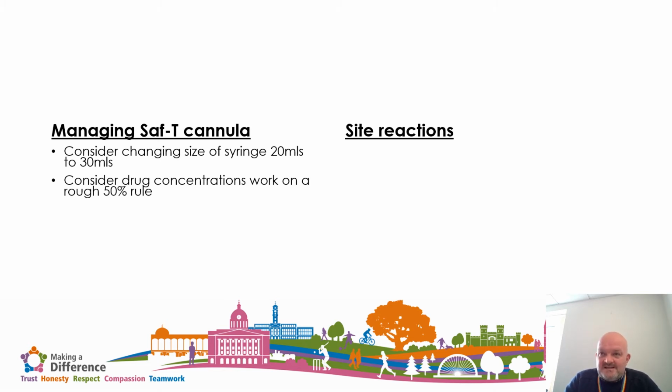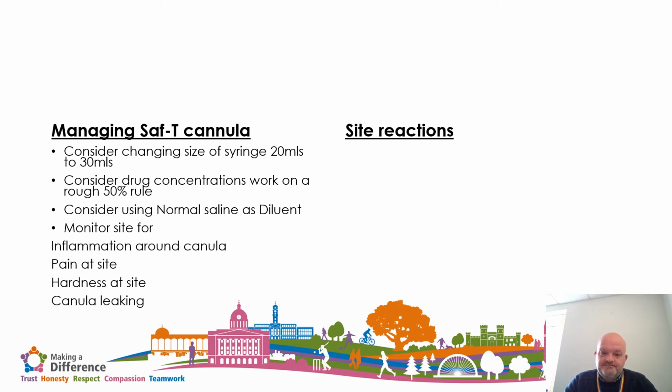If you've got less than 8 or 9 mils of drugs, which is probably more common, then you can carry on with the 20mm syringe. But again, if there's issues, it may be worth changing the diluent from water for injection, which is our normal diluent. Sometimes changing to normal saline can help maintain the cannula sites.